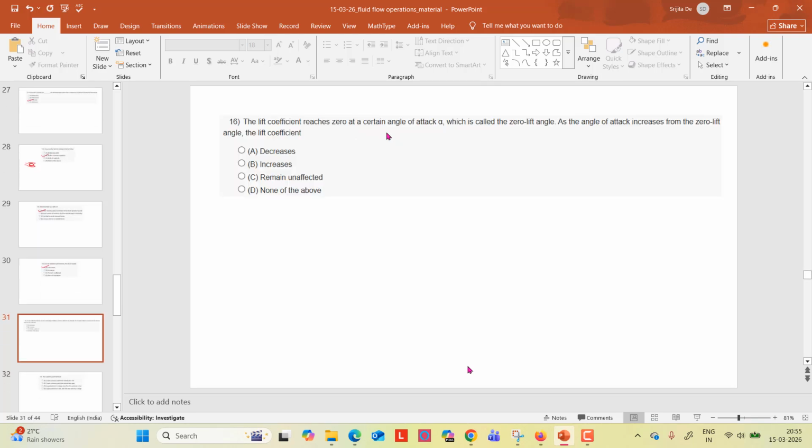The lift coefficient reaches 0 at a certain angle of attack alpha, right? Which is called the zero lift angle. As the angle of attack increases from the zero lift angle, the lift coefficient increases. So in the aerofoil expression we have seen this.